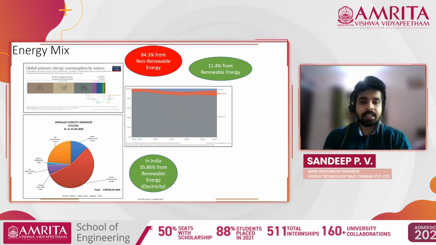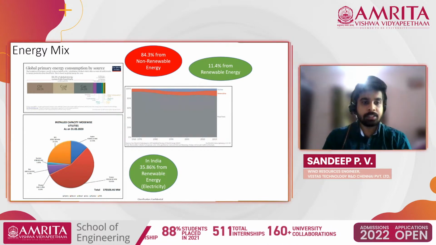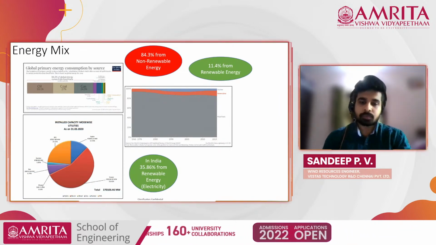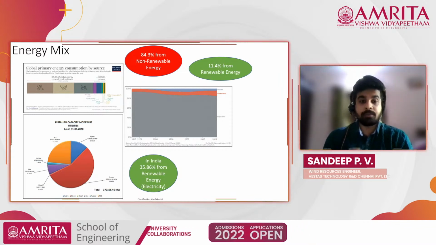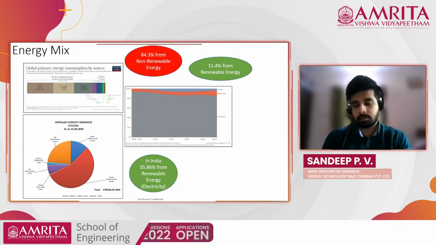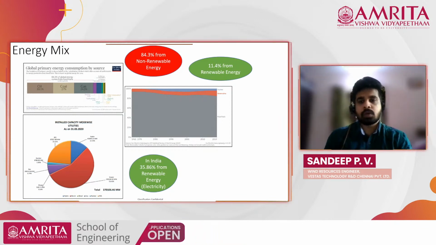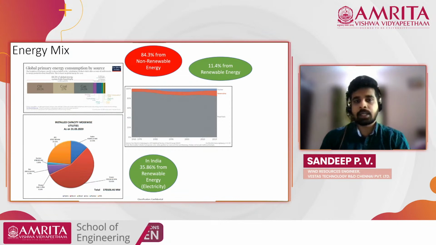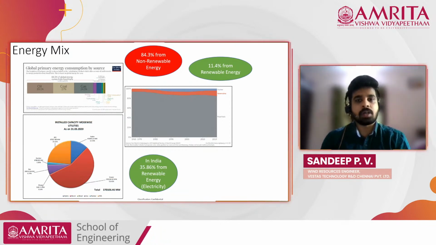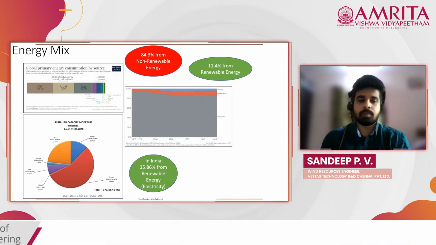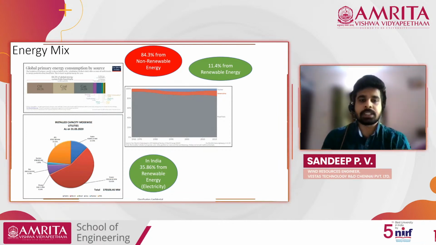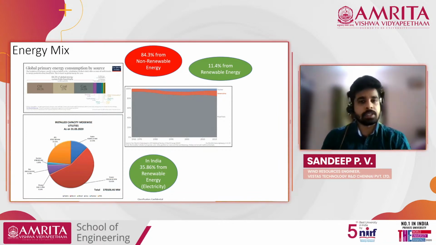And if you look at India's electricity usage, we are using 35% of our electricity from renewable energy, and more than 50% is still from non-renewable sources. Based on the recent Paris agreement, India has to cut down fossil fuel usage, meaning carbon emission, below 50 percent within 2030.